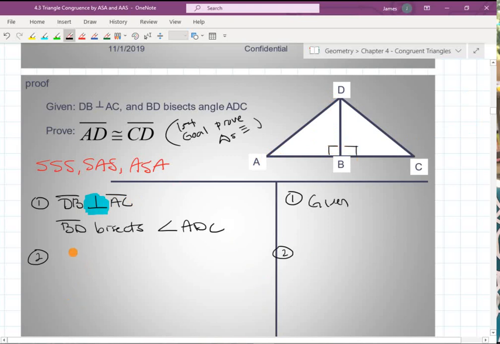So I'm going to write that. I'm going to say angle ABD and angle CBD are right angles. Definition of perpendicular lines.